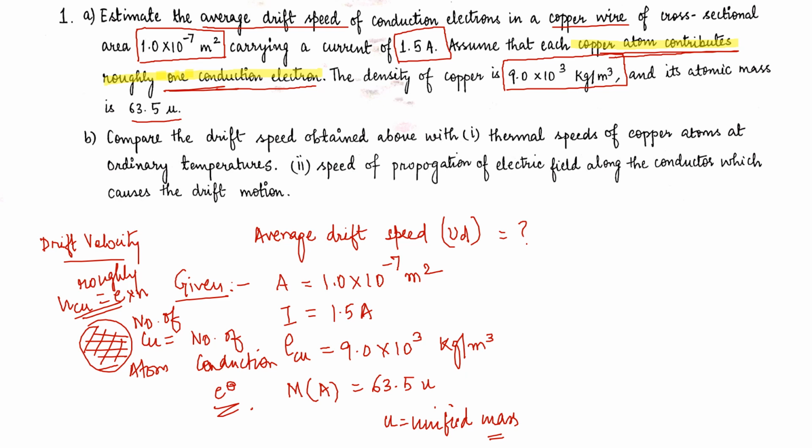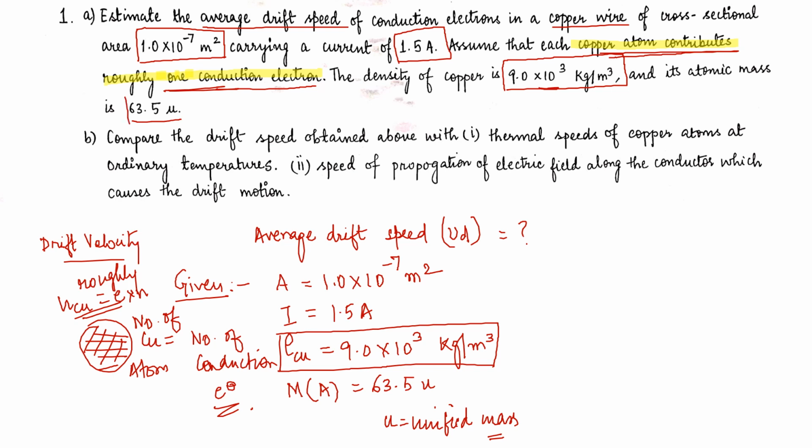Density tells us how many atoms are present in the particular volume of copper. Density is mass per meter cube, that is, in a given volume how much copper is present.